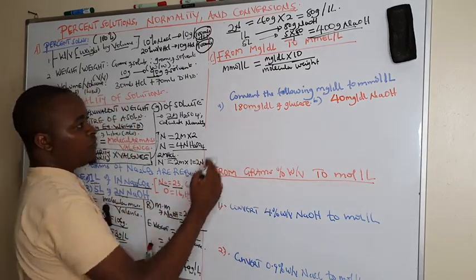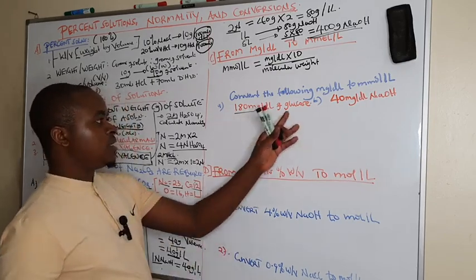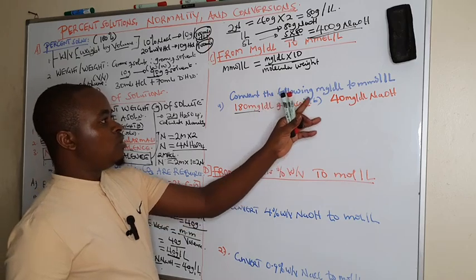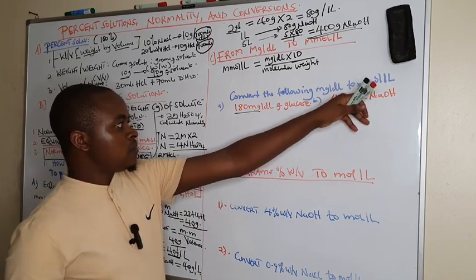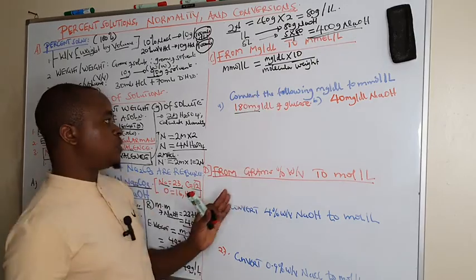For example, here if I'm given to convert 180 milligrams per deciliter of glucose to millimoles per liter, the first thing I need is to calculate the molecular weight of glucose.